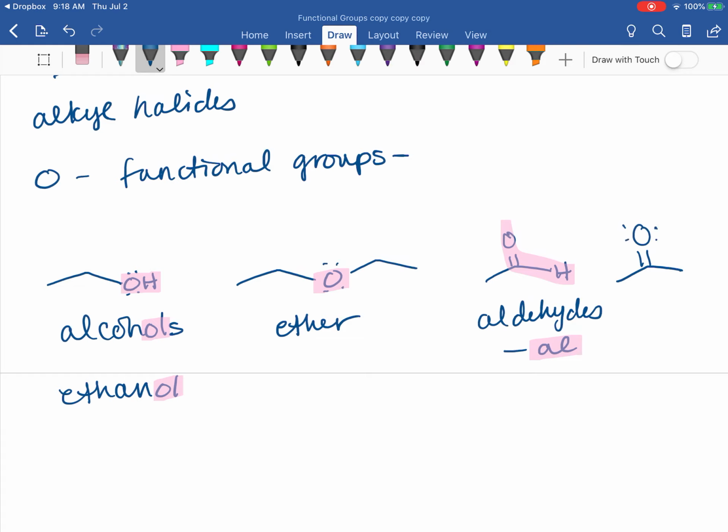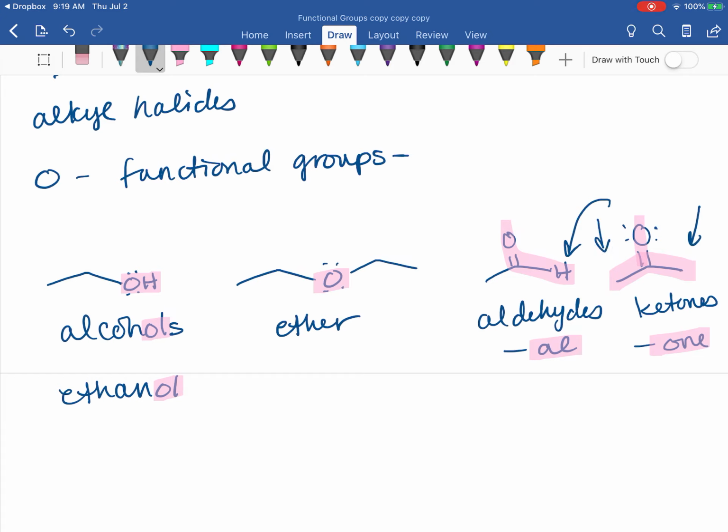And we also have a ketone. And our ketones end in, you guessed it, "one." So if you're really into your keto diets, you've heard of ketone bodies. All right, so we've got ketones and aldehydes. And you notice the difference between the two.